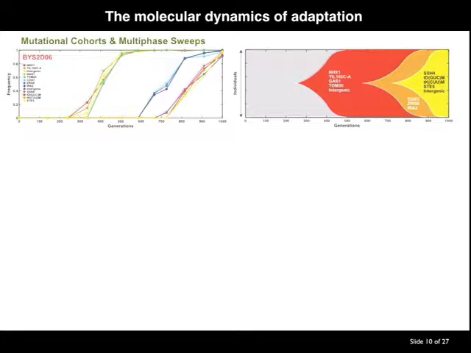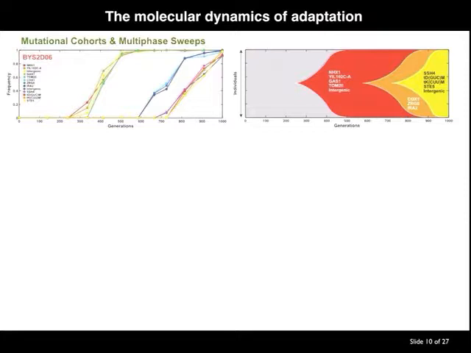This is followed several hundred generations later by a cohort of 3 mutations. And right on the heels of that, before this one is even fixed, you have this other cohort of 5 mutations. So here you see mutations, more often than not, are not individuals, but are these cohorts of mutations moving through the population.